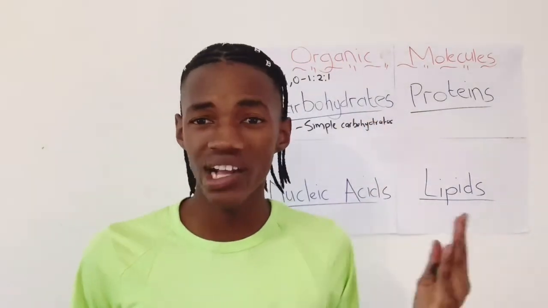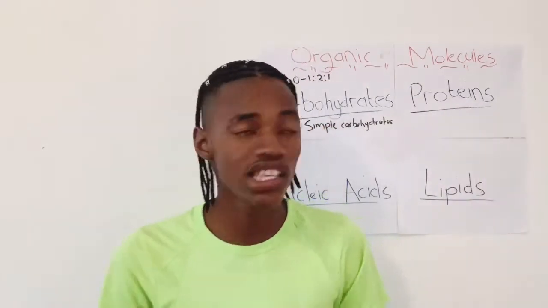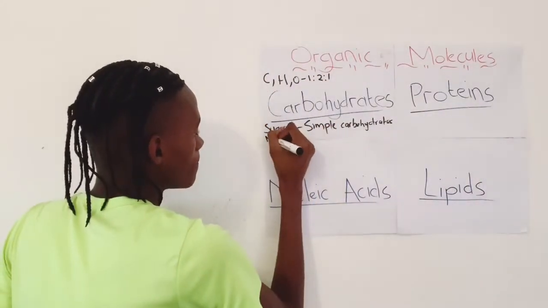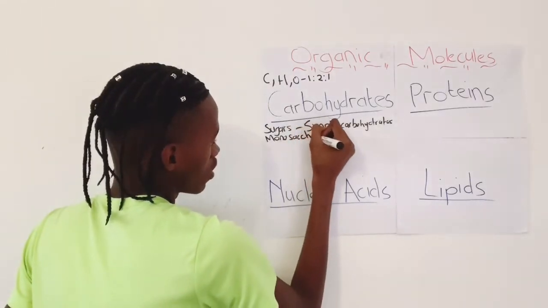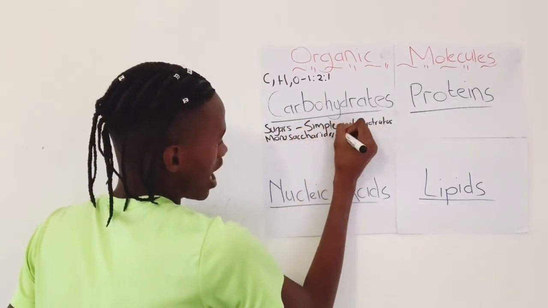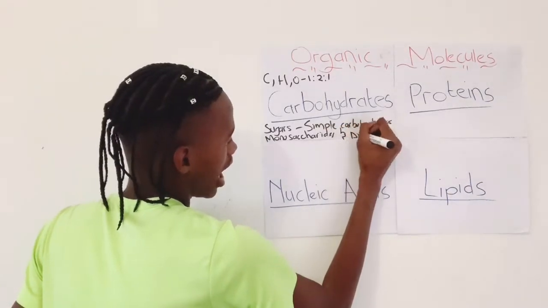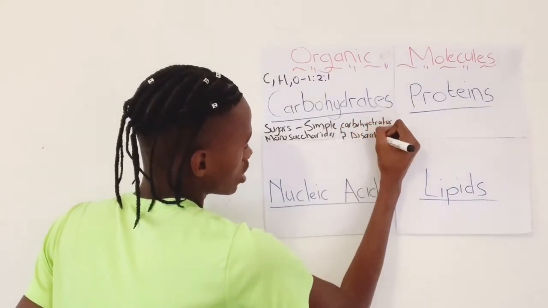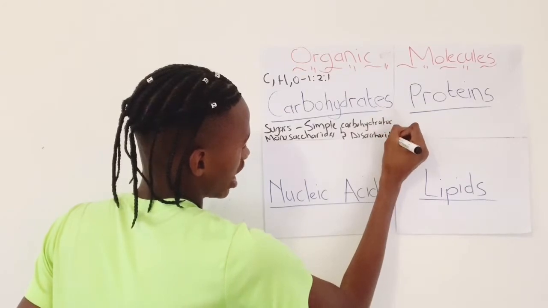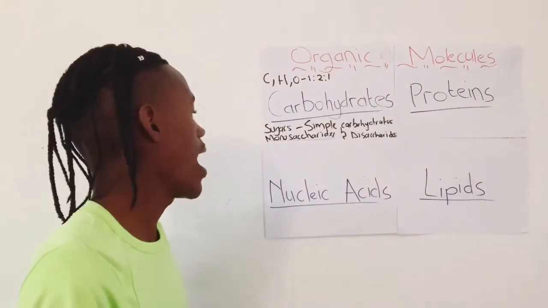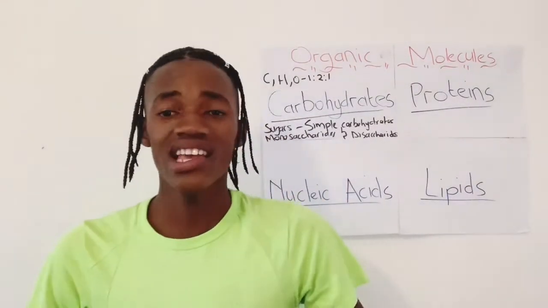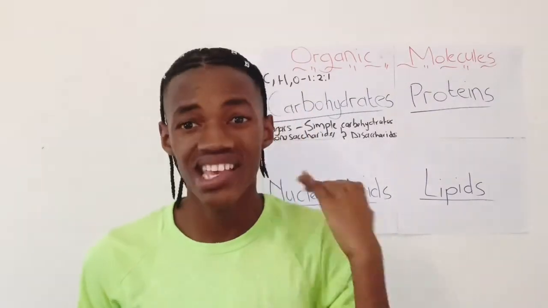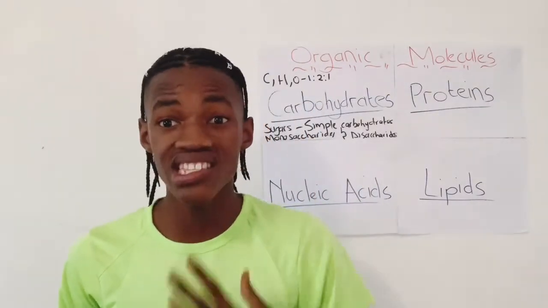Then within the simple carbohydrates, we have two kinds: monosaccharides and disaccharides, right?